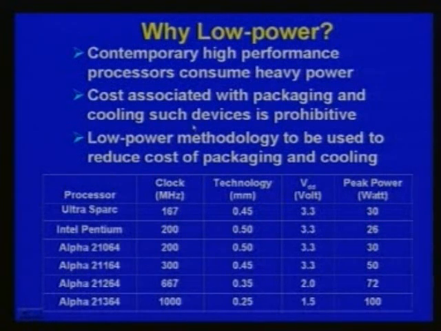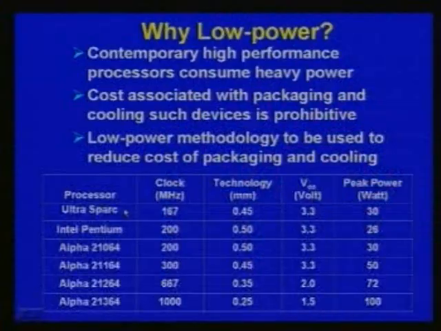If you look at the contemporary high performance processors, you will find that these are consuming heavy power. For example, here I have considered a few representative processors, say Alpha 21064, Intel Pentium, and so on. These are essentially the RISC processors developed by DEC, known as DEC Alpha chips, which were developed for high performance and were used in making servers and workstations.